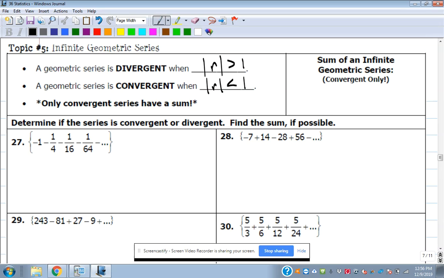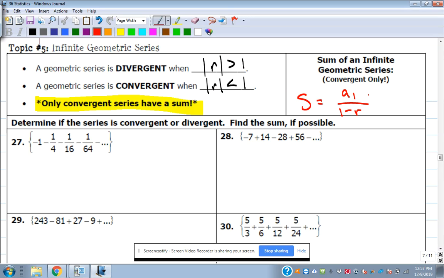We can only find the sum of convergent series. That's that last thing there. Highlight in yellow: only convergent series have a sum. The sum of an infinite convergent series is a sub 1 over 1 minus r.